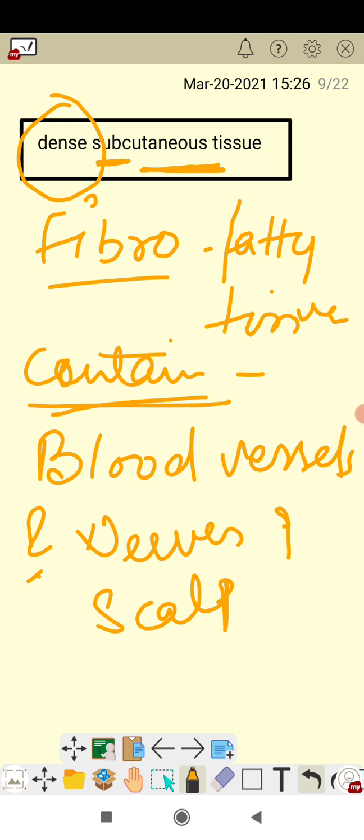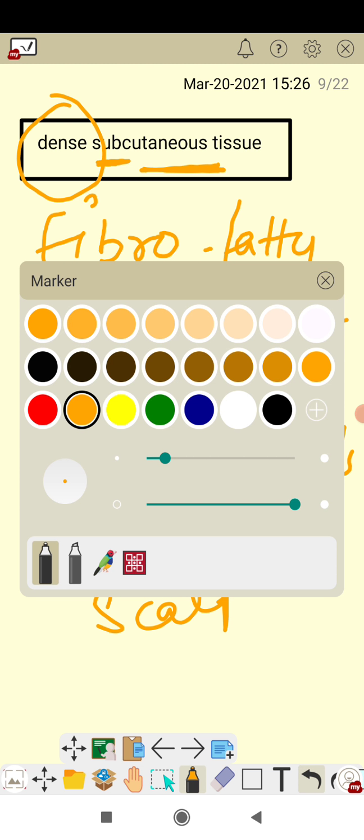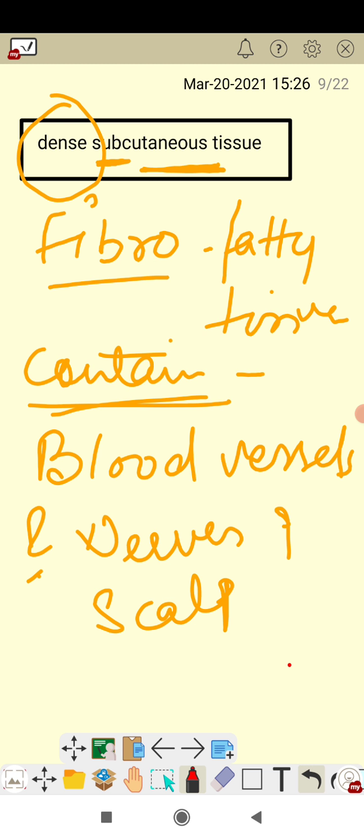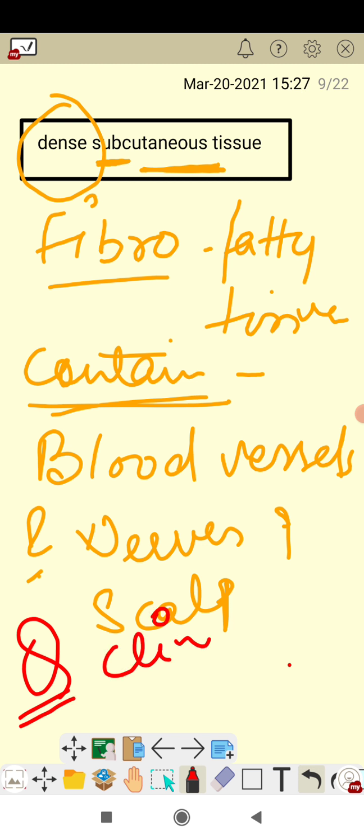One important point here is blood vessels of scalp, walls of vessels are adherent to fibrous network of dense subcutaneous tissue, and this forms a clinical point. In case of open wound injury, walls are adherent to the fibrofatty tissue, so there is profuse bleeding.